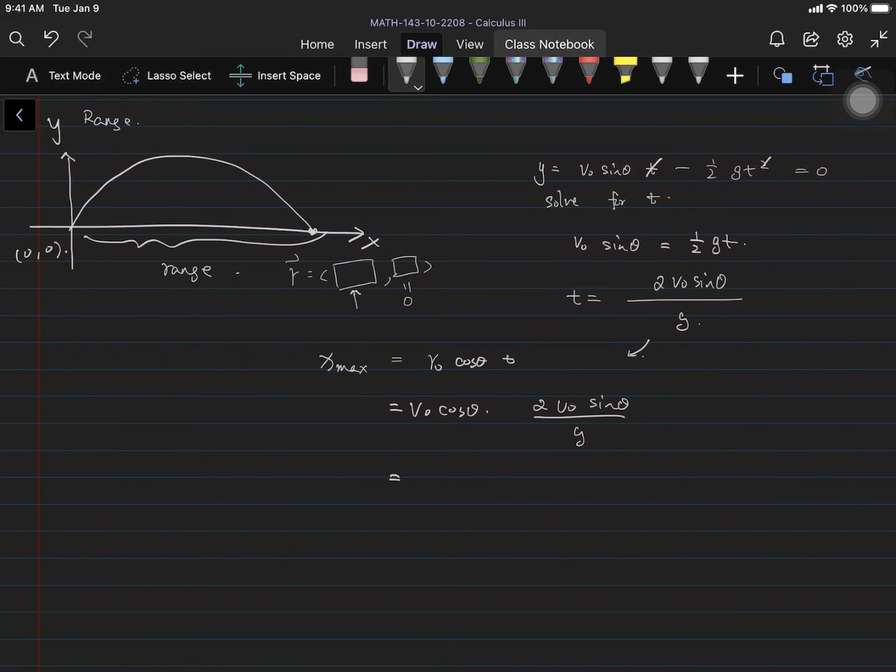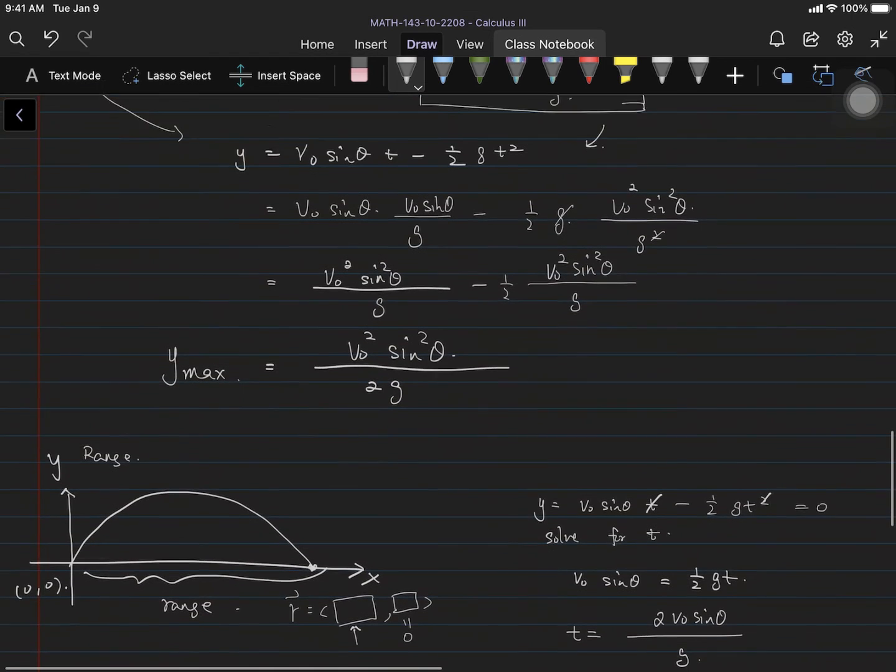Simplify: g is at the bottom, and here we have v0 squared because we combine them, and we have 2 cosine theta sin theta. Here we use the double angle formula and change this into sine 2 theta. So the maximum range x value is v0 squared sin 2 theta over g.